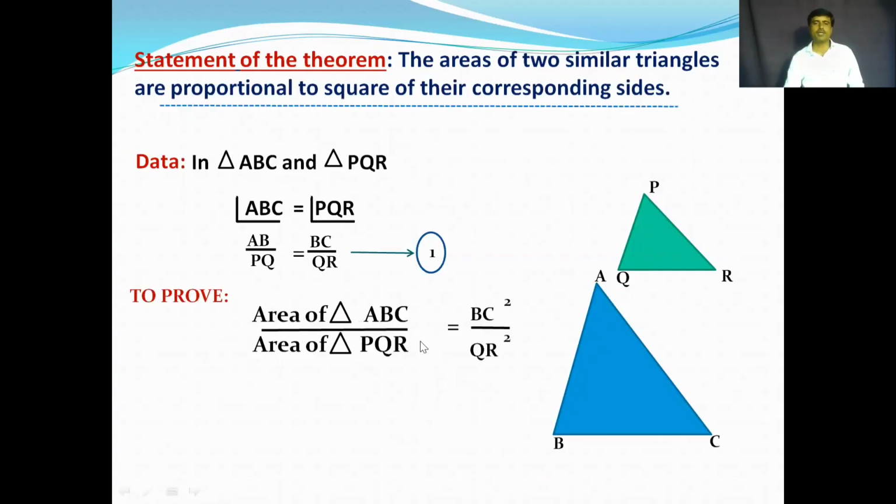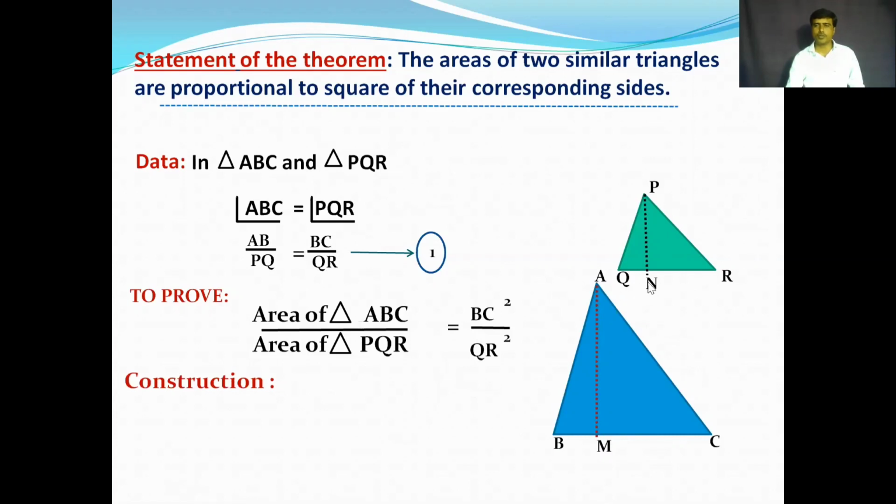Since the topic is about areas, and we know that area means the formula half into base into height, I can take any of the side as base, but I am not finding the height here. See, in triangle ABC, I am considering the altitude here. Dotted line means construction. Similarly, in triangle PQR, let me consider a dotted line, altitude.